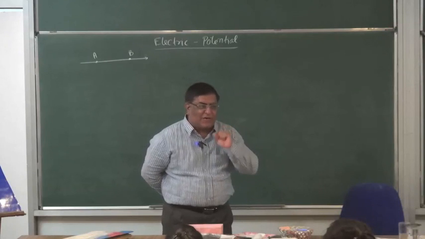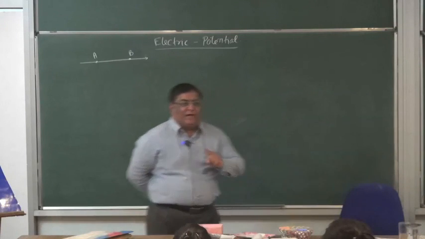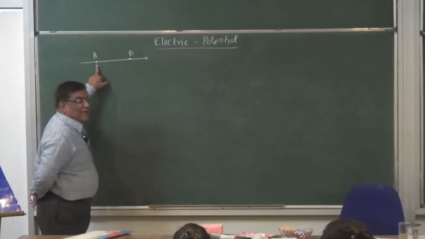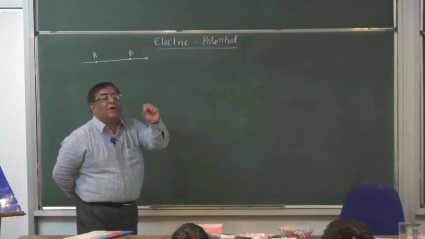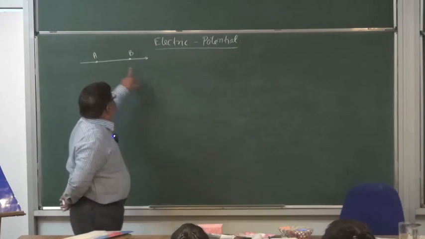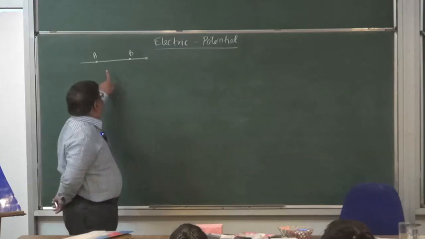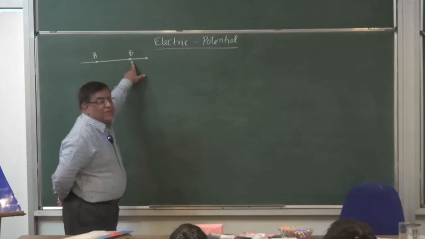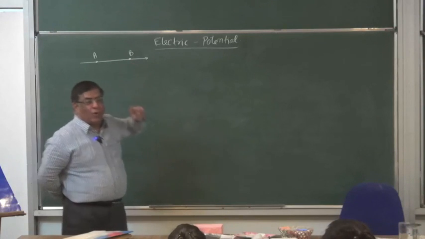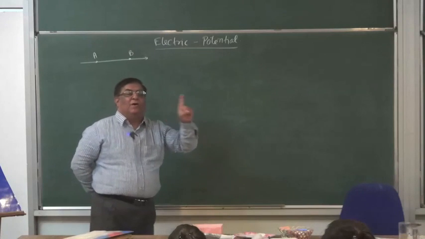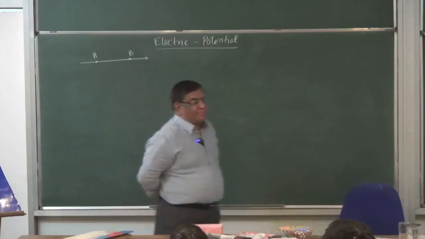If it is the same charged particle, why is the energy different at B and at A? It is because of their location. So this 100 here and 60 here I will call the potential of point A and the potential of point B.